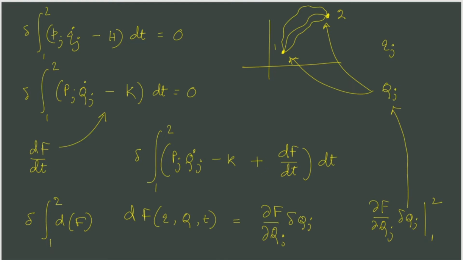So for canonical transformations, we shall say that the new coordinates and old coordinates are related in this fashion, where f is a function of, let's say, old coordinates, new coordinates, and time.